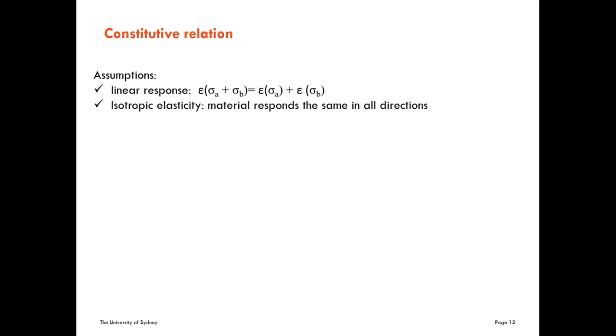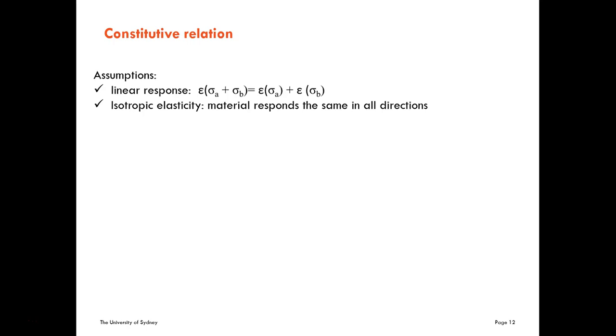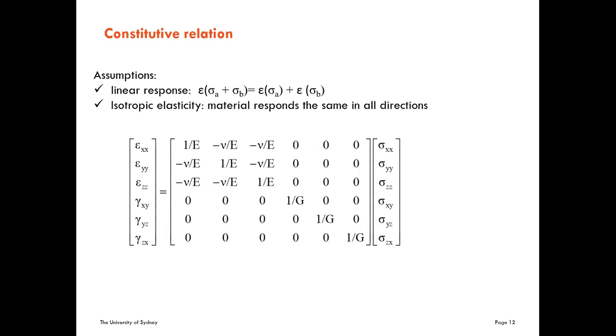And I'm going to assume isotropic elasticity, which means that the material will be assumed to respond in the same way in all directions x, y, and z. Under these assumptions, the constitutive relation is going to be this one. So this is the linear elasticity relation between the stress and the strain vector.